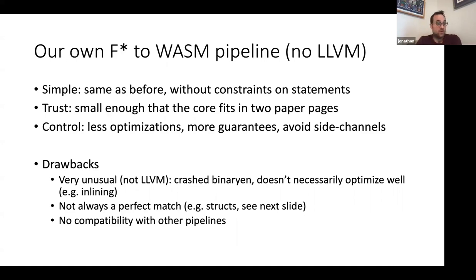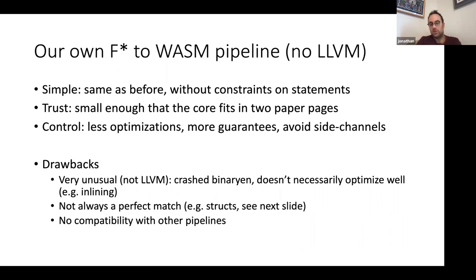There are many drawbacks, of course, to rolling out your own. The first one was that we were generating unusual code, not coming out of LLVM, so we crashed binary tools. Another thing is that, and maybe that's not true anymore, I think that work was a year and a half ago, but what we found was that for good performance, you do need the kind of optimizations that LLVM performs.